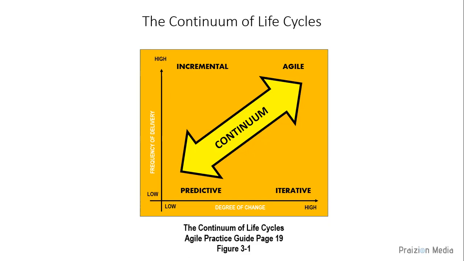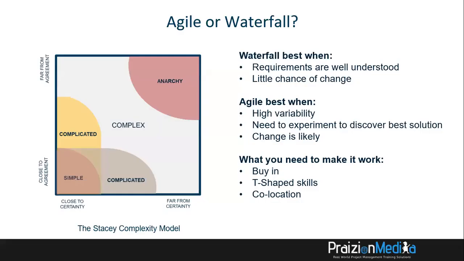If you're thinking of low degree of change, low frequency of delivery, you need to be in predictive. And again, you need to put on your thinking cap, take a look at the Stacey complexity model and determine what exactly should we use to effectively manage the work? How should we deliver the work to our client?